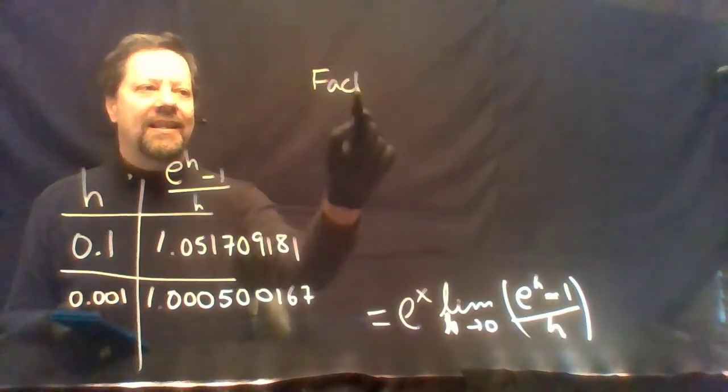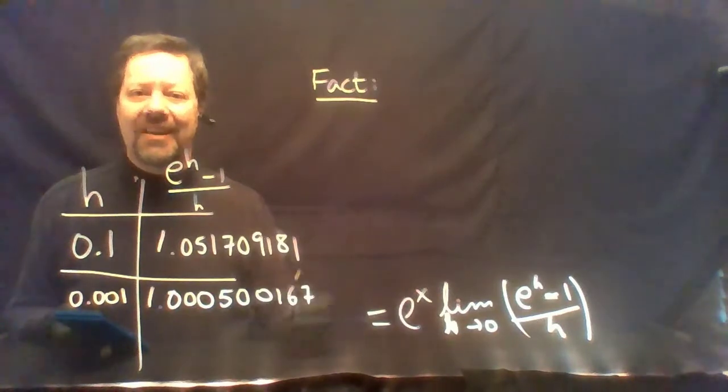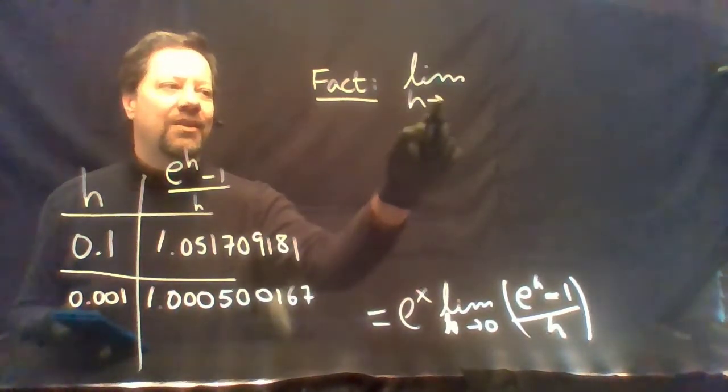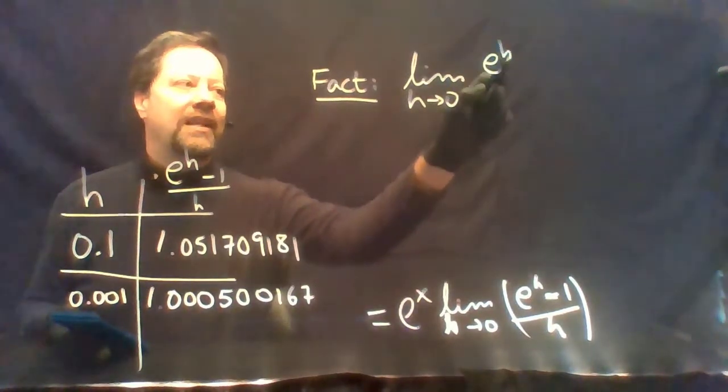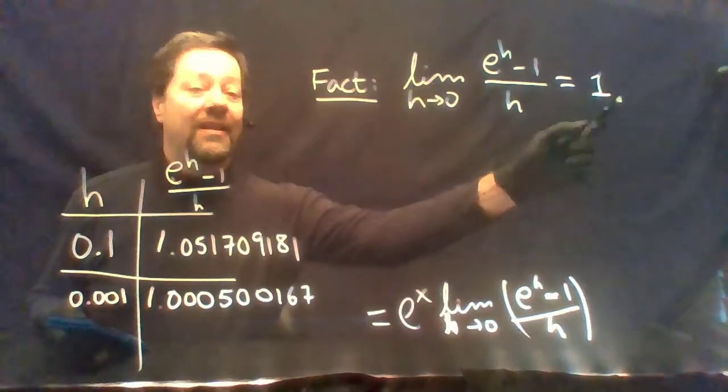We're going to take it as a given fact, something that we will prove in Calculus 2, that the limit as h goes to 0 of e to the h minus 1 over h is 1.